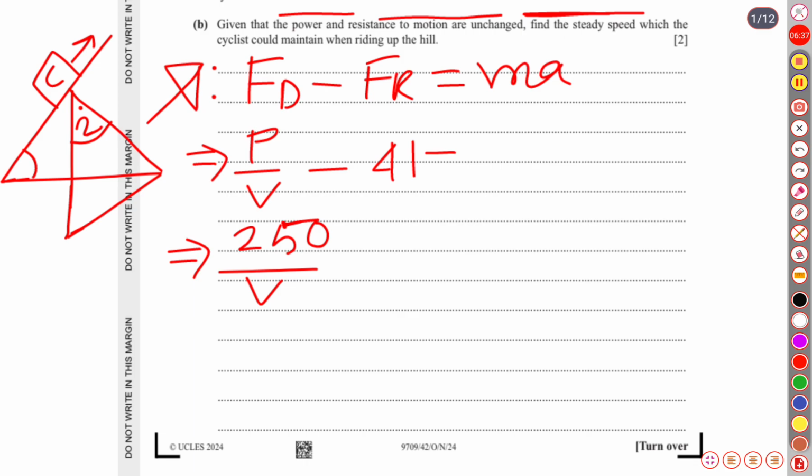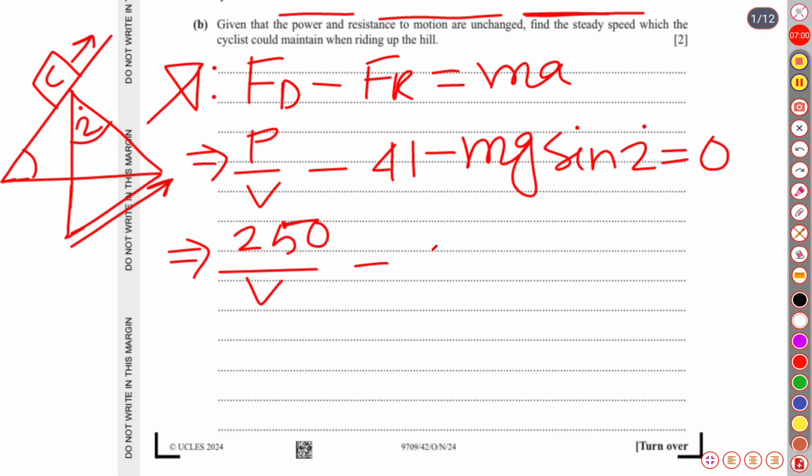So what is the component along the slope? Look at this, he is moving up, this is his direction, so this is the vertical direction in terms of this triangle. So for the vertical component we use mg sine, and the angle is 2 degrees. There is no acceleration, so the right side is 0.